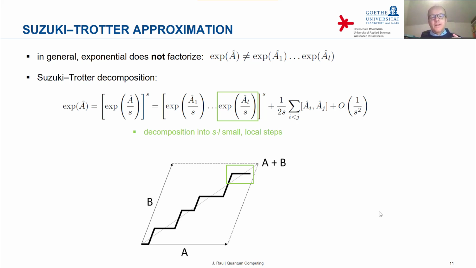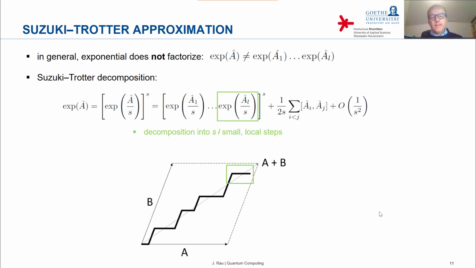Imagine you have a unitary transformation generated by the sum of two operators A and B. So you have the exponential of A plus B. This unitary transformation, that's the long diagonal arrow pointing towards A plus B. And since A and B do not commute, you are not allowed, as is suggested by this parallelogram, to first do e to the A and then e to the B. So this is not allowed.